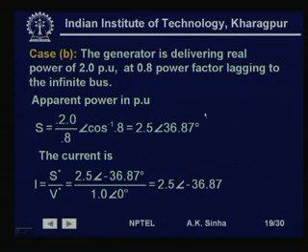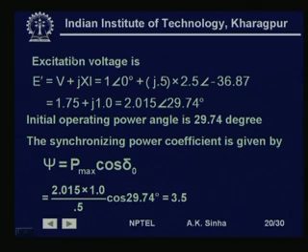In this case, we have assumed that the exciter of the machine is able to make the voltage of the machine go up without any limits, and therefore, what we find is that the voltage behind the transient reactance in this case is going to a very high value, because a very large amount of current is flowing, and because of this the change in delta angle is not really much.